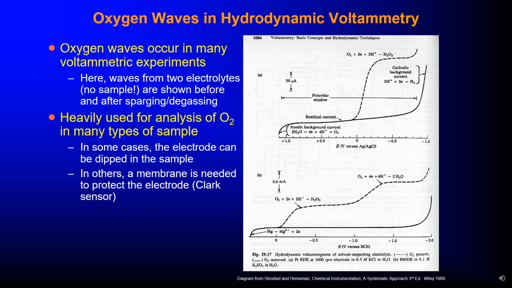It is heavily used for analysis of oxygen in many types of sample. In some cases, the electrode can be dipped in the sample. In others, a membrane is needed to protect the electrode.